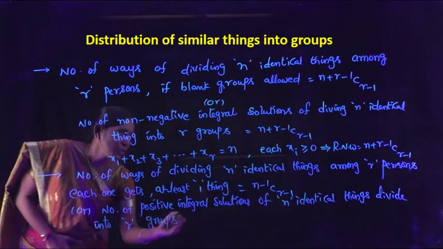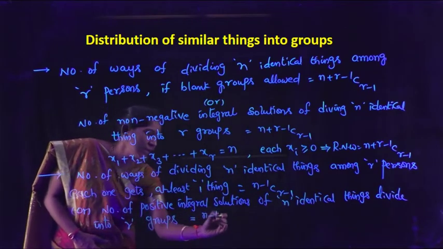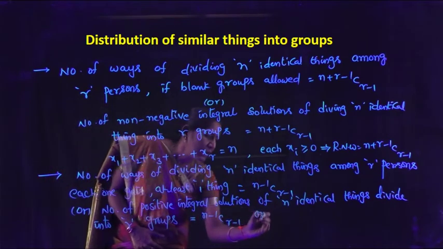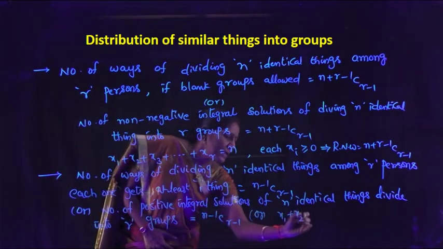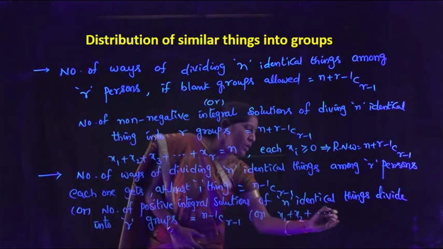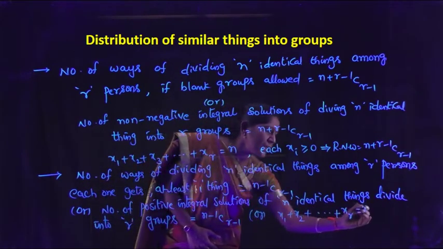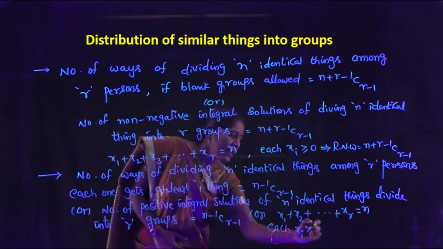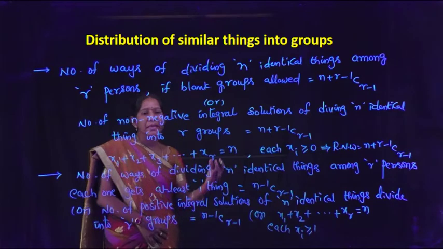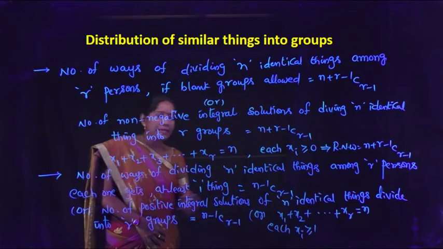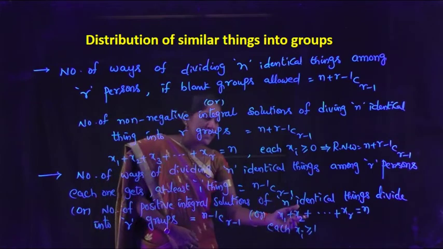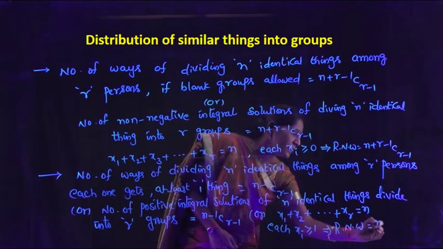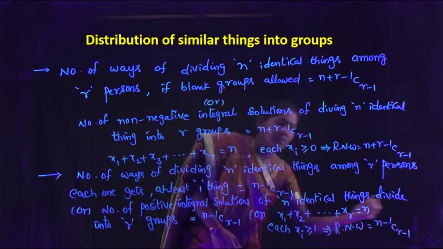That is also n minus 1 c r minus 1, or denoted by x1 plus x2 plus and so on plus xr equal to n, each xi greater than or equal to 1. Each group gets at least one thing, that is denoted by each xi greater than or equal to 1. The required number of ways is n minus 1 c r minus 1.